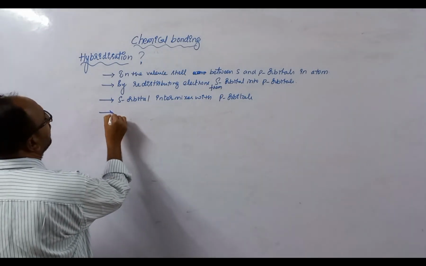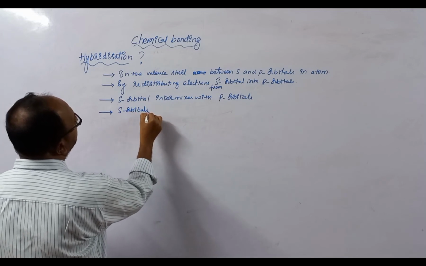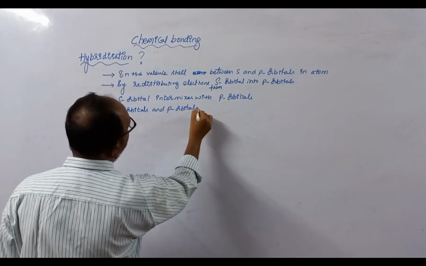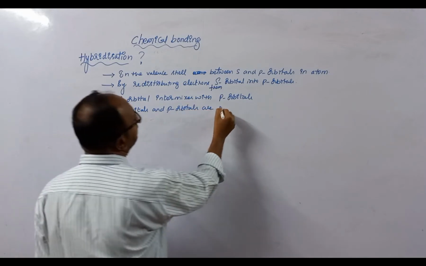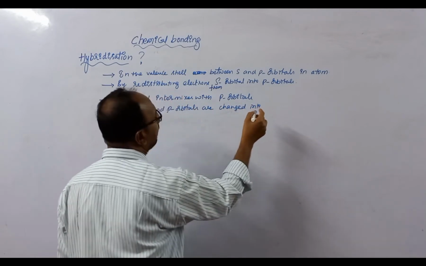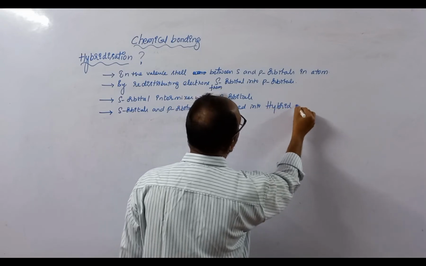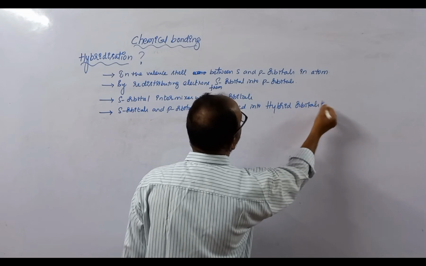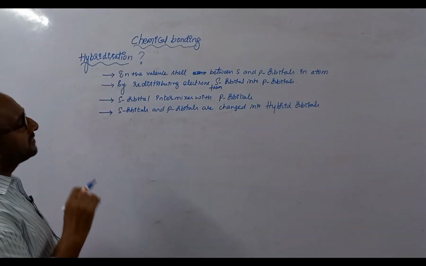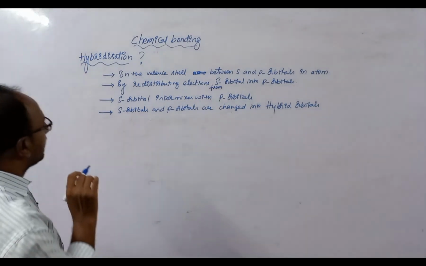Now s orbital and p orbitals are changed into hybrid orbitals. So this is the basic concept in hybridization. Now we are taking an example.